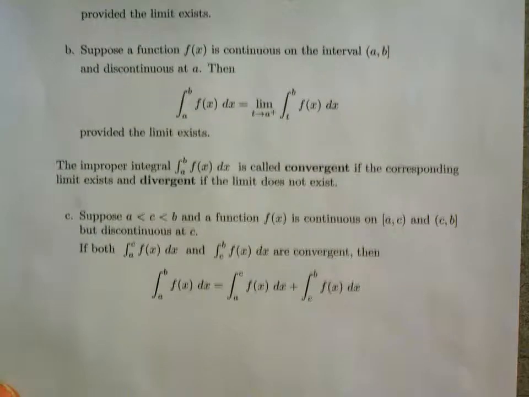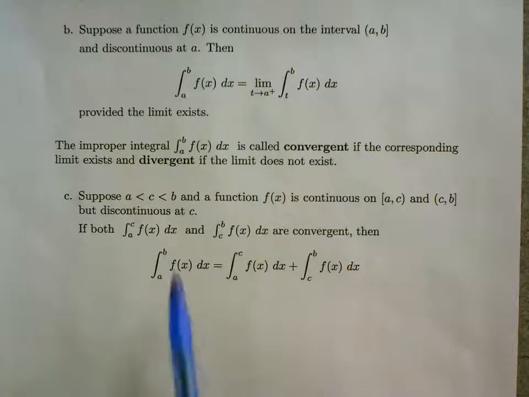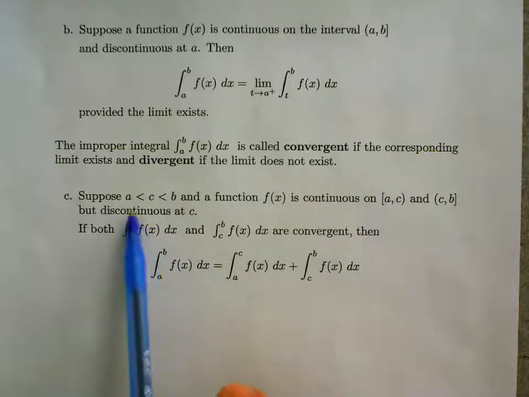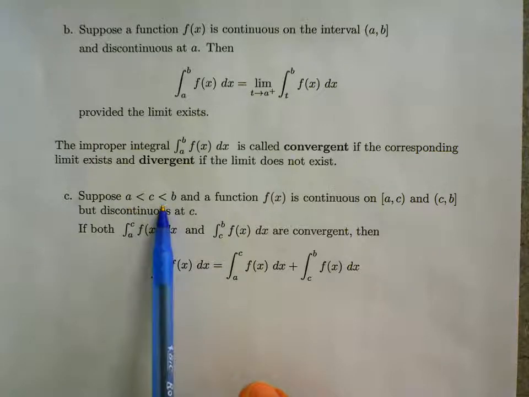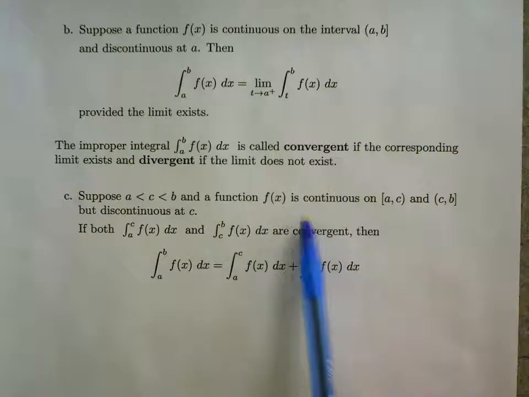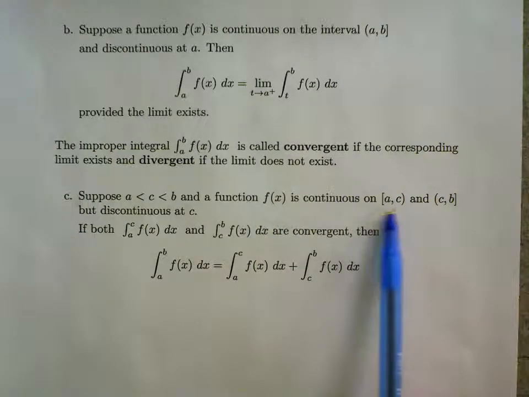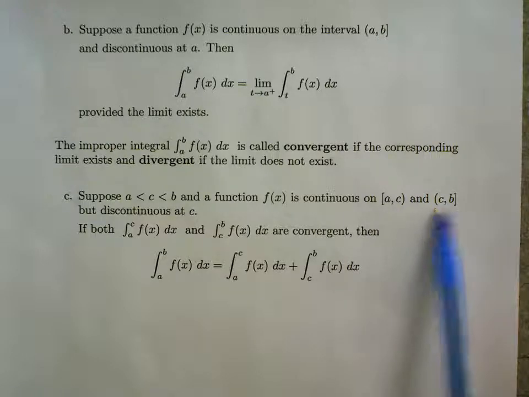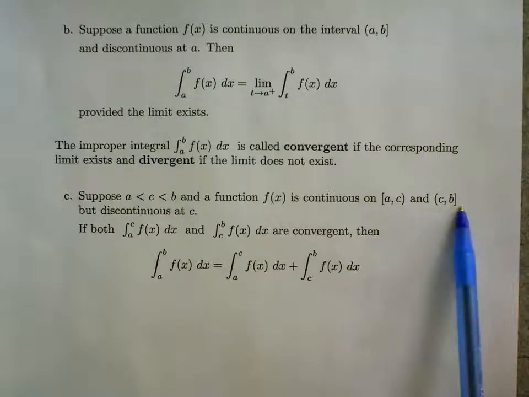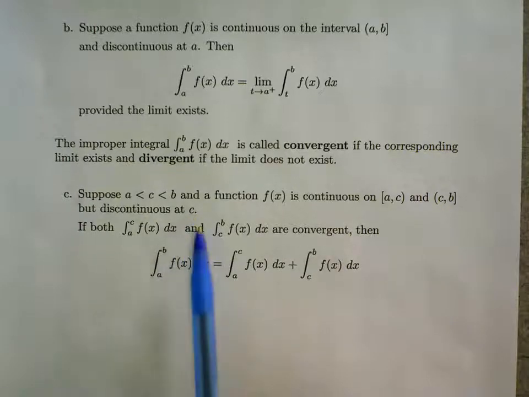Okay, part C. This time, suppose a is less than c, which is less than b, and the function f of x is continuous on the half-closed, half-open interval from a to c, and the half-open, half-closed interval from c to b, but it's discontinuous at c.